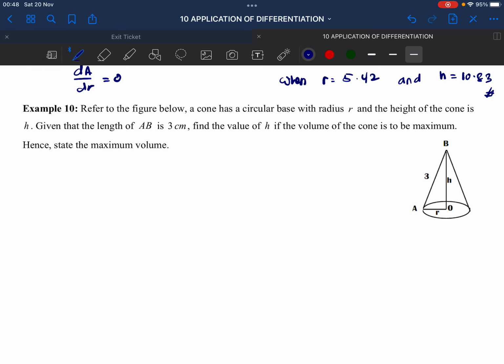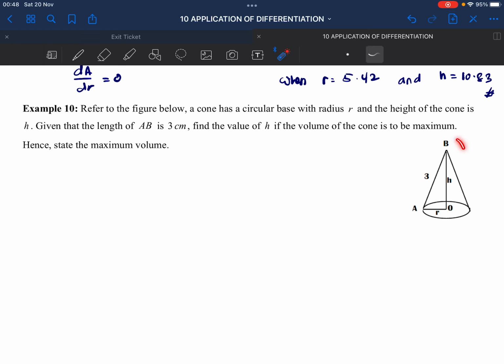Example 10. Okay, refer to the figure below. A cone has a circular base with radius r and the height of the cone is h. Given that the length of AB is 3, find the value of h if the volume of the cone is to be maximum. Hence, state the maximum volume. Okay, now we have a cone.